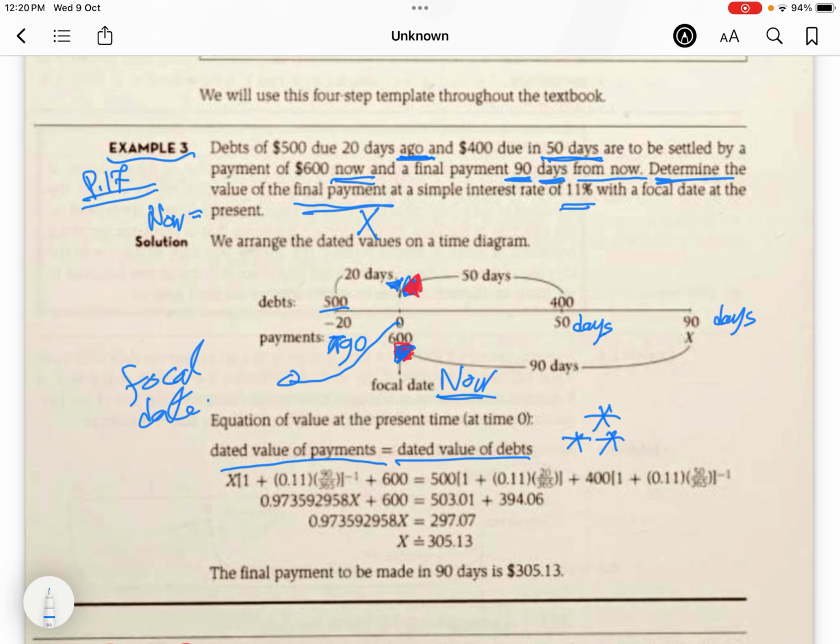500 multiplied by (1 plus 0.11 multiplied by 20 over 365) plus 400 multiplied by (1 plus 0.11 multiplied by 50 over 365) to the power -1. Why?